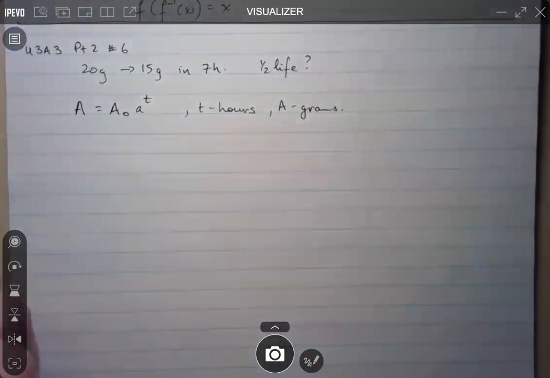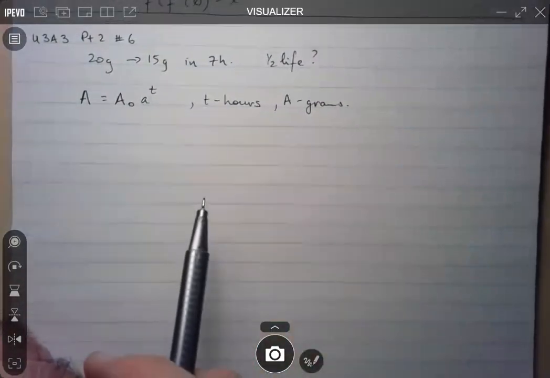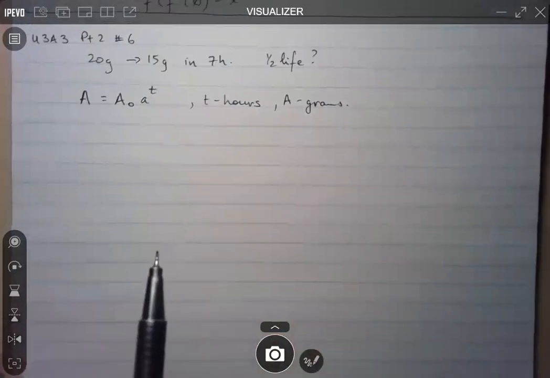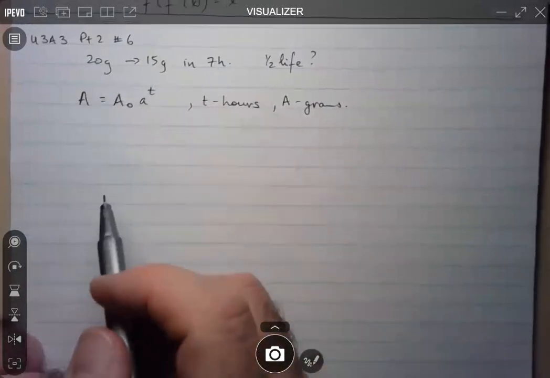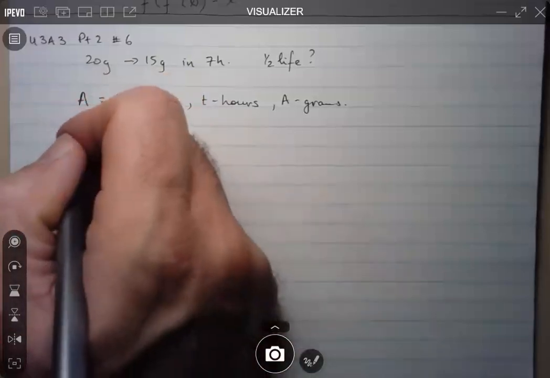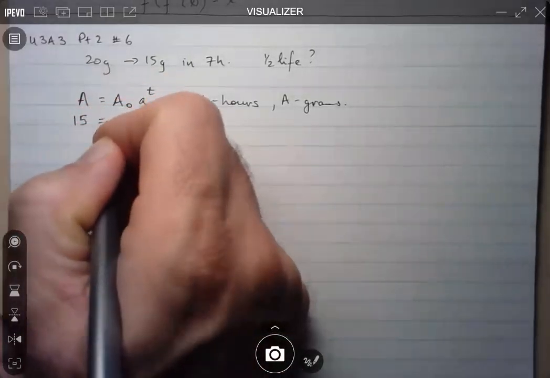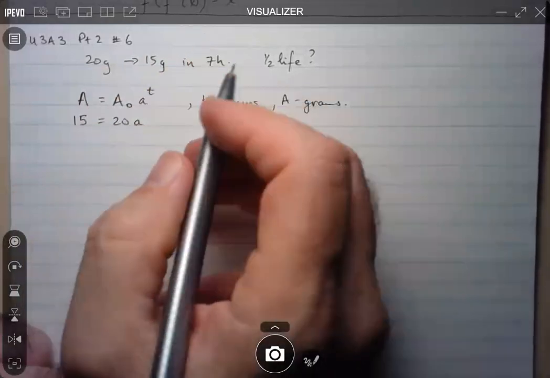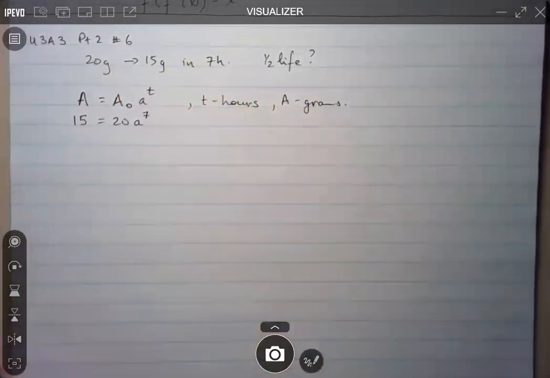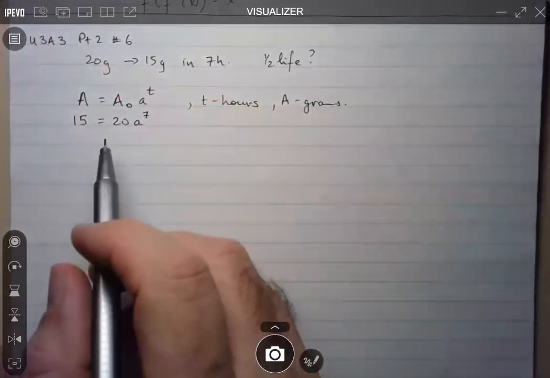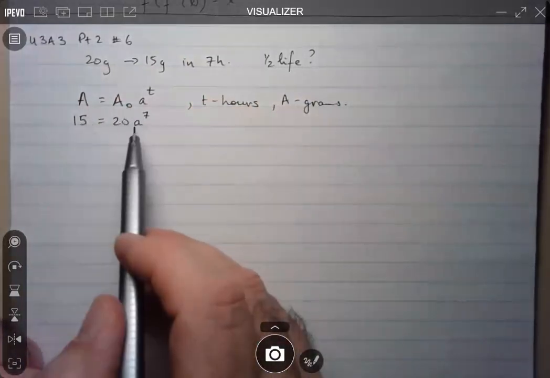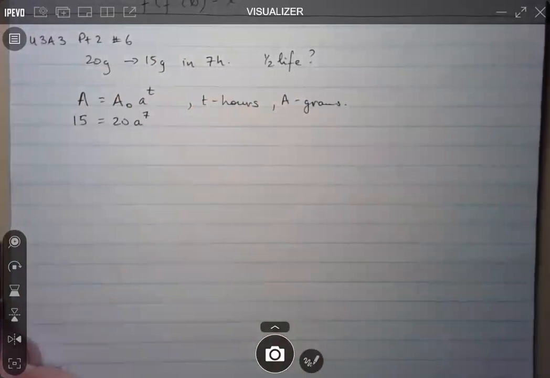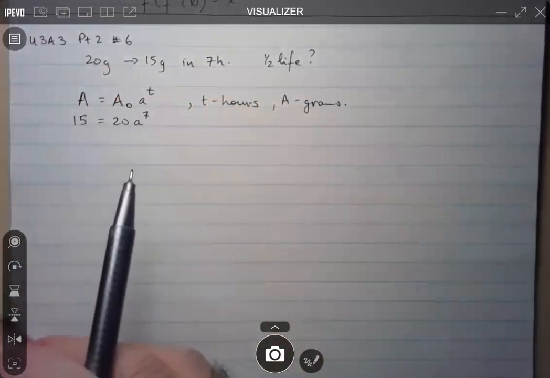What I have to do is determine a model that allows me to find the half-life. So I can just use the information that I have. I'm ending with 15 grams, starting with 20 grams, and it takes 7 hours for this to happen. So in this version of the solution, the a value is my variable. So I can solve for a.